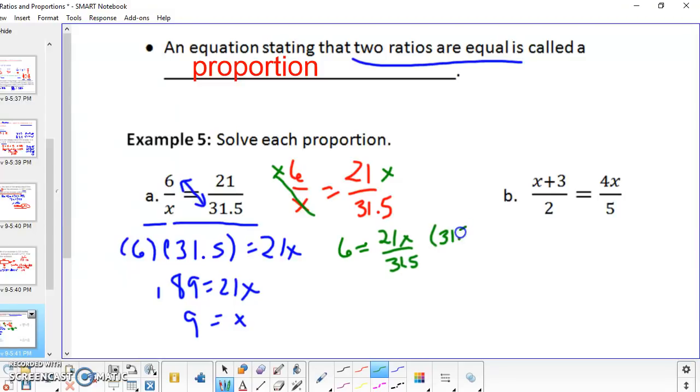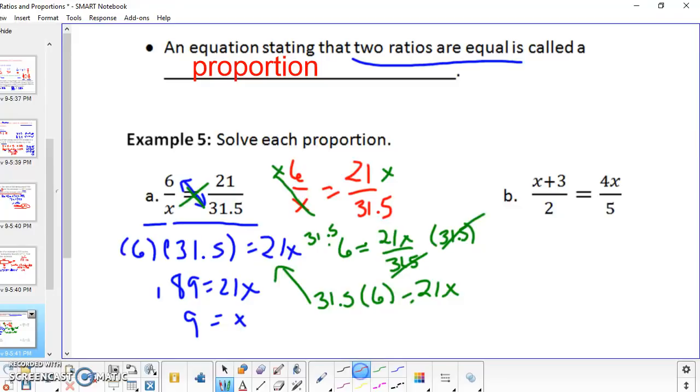Multiply both sides by 31.5 to get rid of that 31.5 in the denominator. So then we would get 31.5 times 6. These 31.5s cancel, equals 21x. Same thing we got here. So cross multiplying, where you just multiply the two diagonals, two numbers or two expressions that are on diagonals, makes that a little bit easier to do.